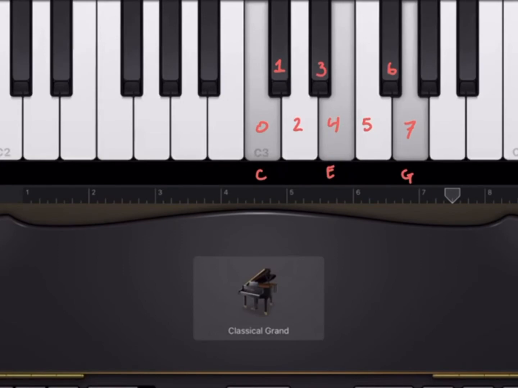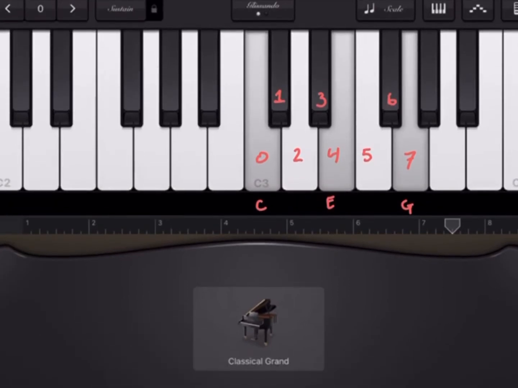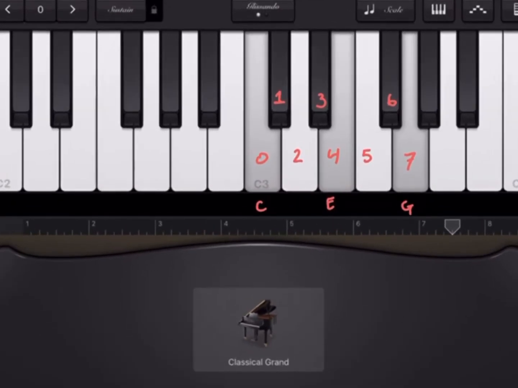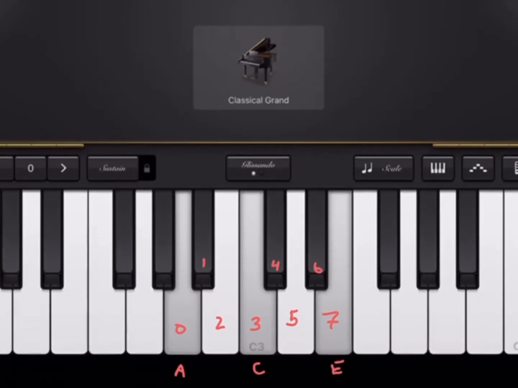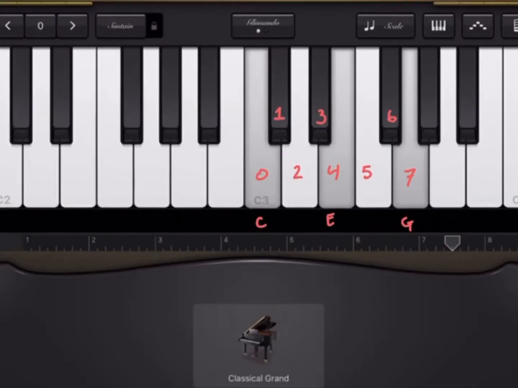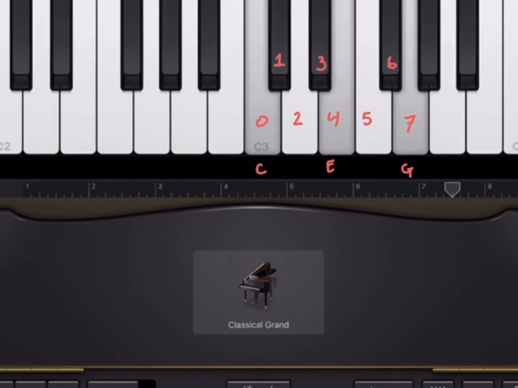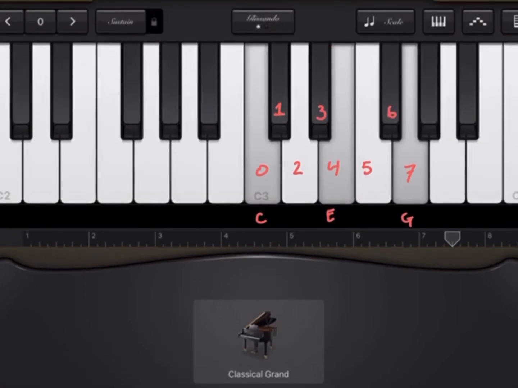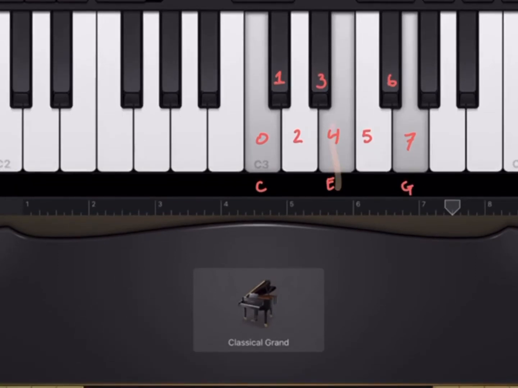So let's try to find out what the differences are between the major and minor chord. As you can see here, by comparison, we found that both have 7 semitones, but the difference lies in the third note. In the first, major or happier triad, we have our third note, E, corresponding to number 4.